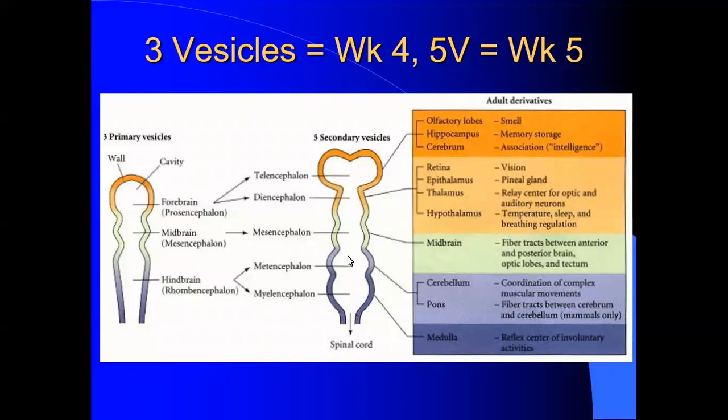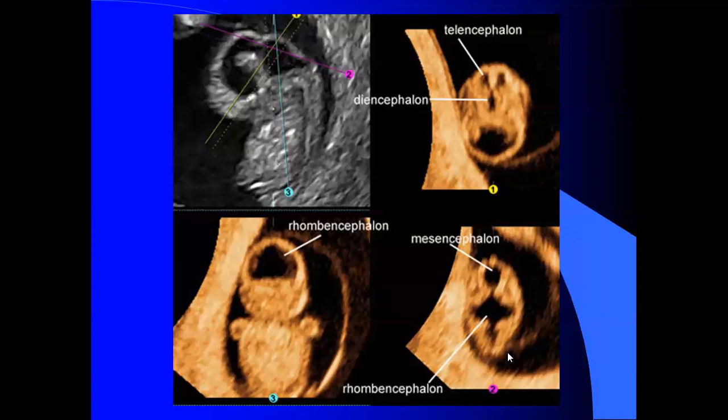These will be the pons and the medulla. You can see what their adult structures are over here. Like I said, we will spend more time on this later. Here's a human embryo, and these are the 3 planes.